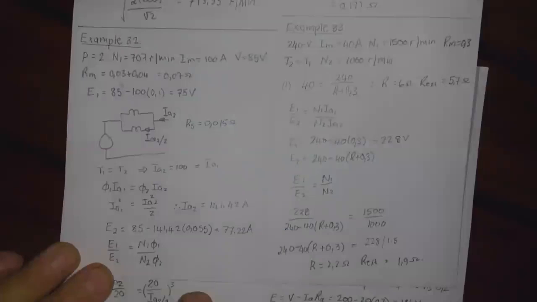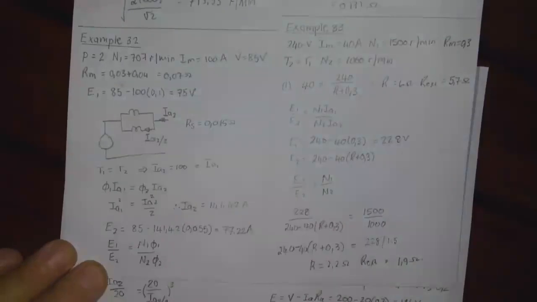And therefore IA2 is 141.42 amps. And then E2 will be the two in parallel, 0.3, that gives us 0.015 plus 0.04. The resistance then is 0.055 times 141, and that gives us 77.22 volts.